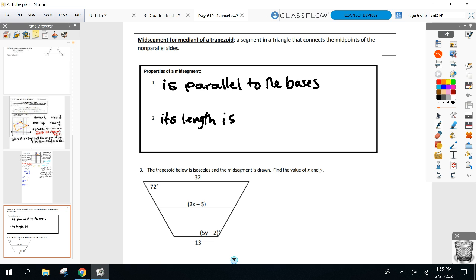Oh, half of it. So the larger base minus the shorter base divided by 2. Oh, yeah, you can just add the 2 bases and divide by 2.